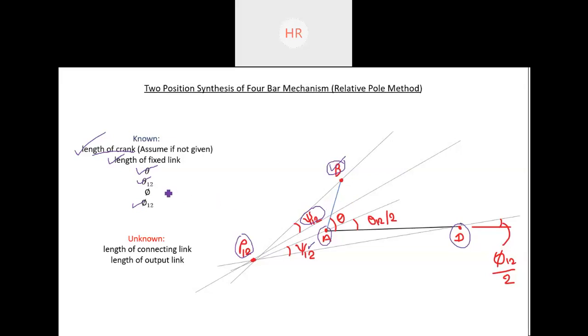So what data is left over here? Phi. So we will draw a line at an angle phi.